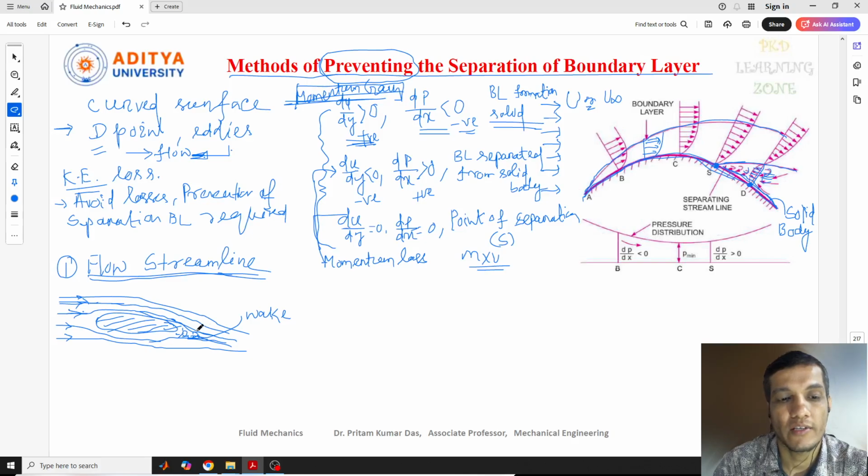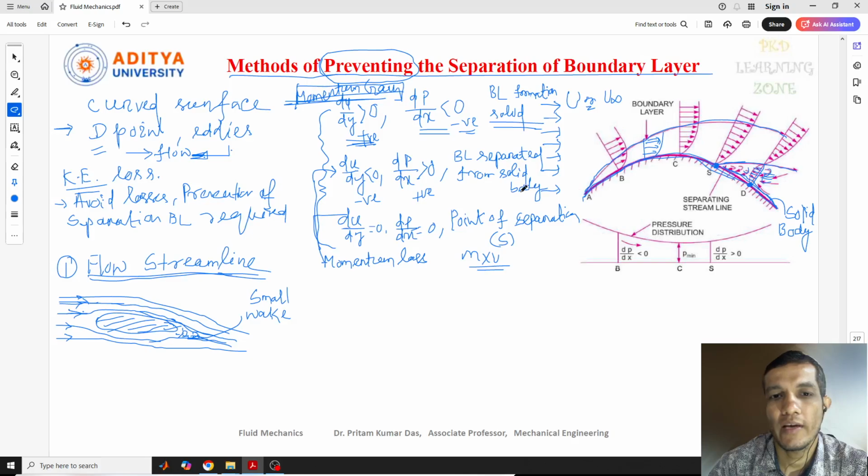That's why more losses, and we can get eddies formation and energy losses. But if wakes are very less, then there will be no problem. So when the fluid flows in a streamline condition, here you can see very small wake formations, and due to this there will be no problem in the fluid.